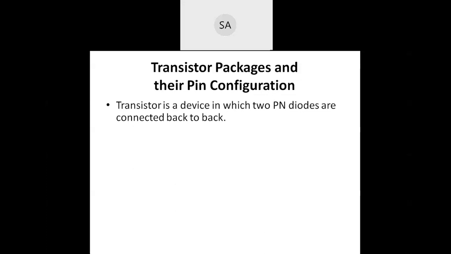A transistor is a device in which two PN diodes are connected back to back.